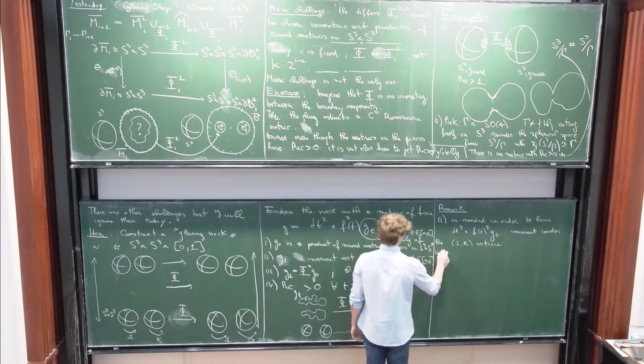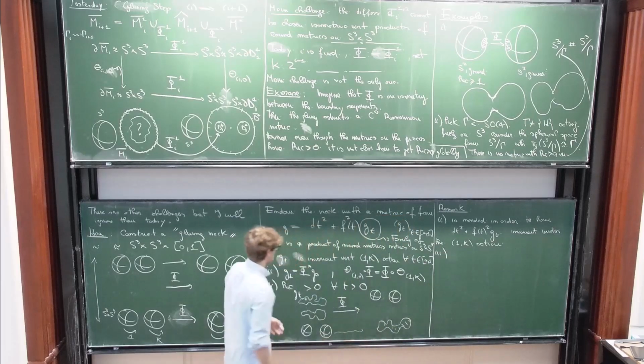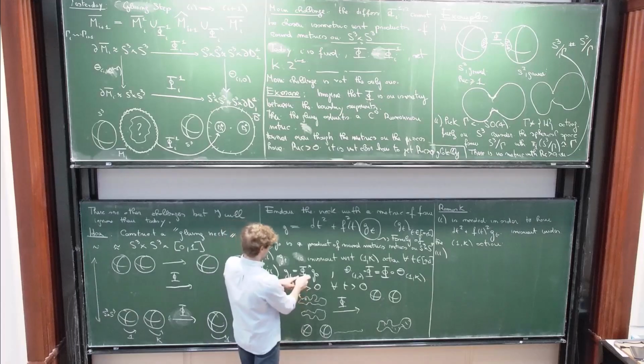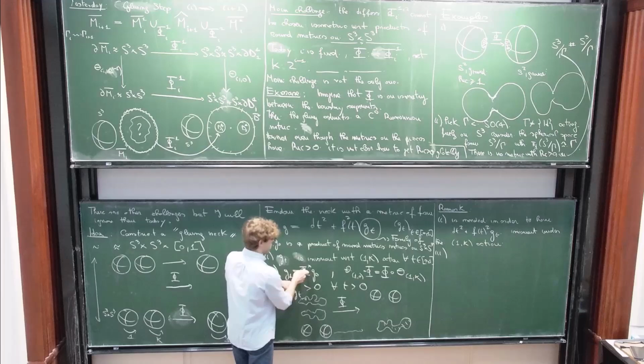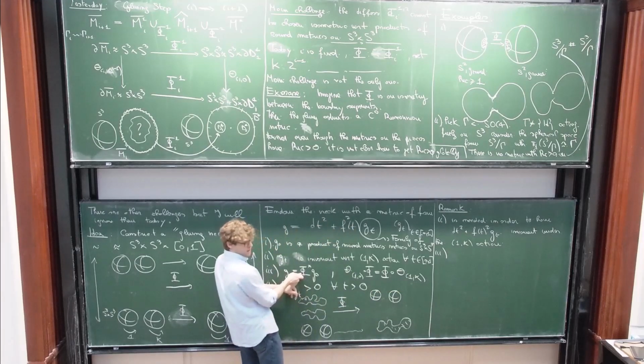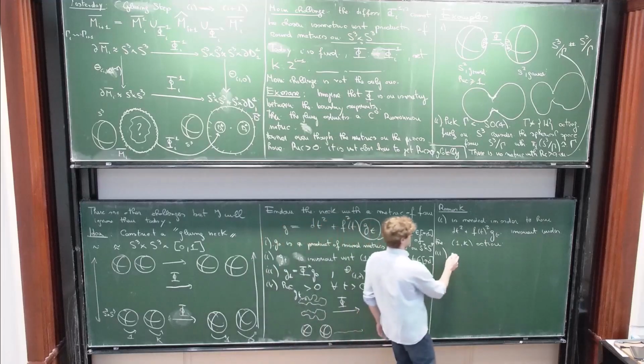Condition 3 is my compatibility condition that I was looking for. With this choice of the metric, the diffeomorphism phi conjugates the actions, but now it becomes an isometry between the boundary components. So 3 is a compatibility condition.